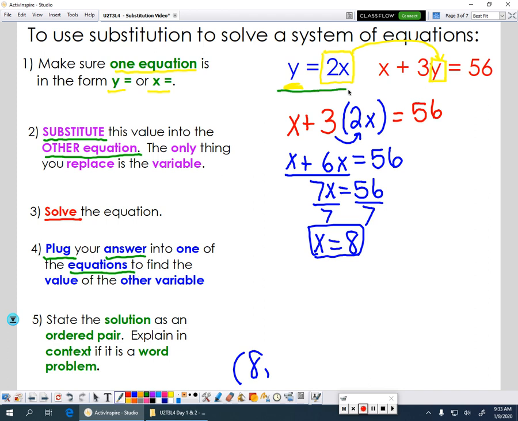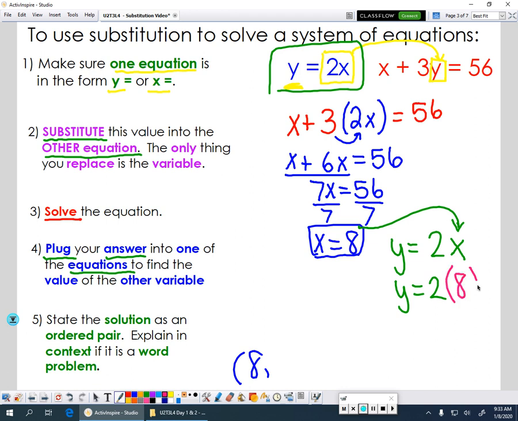I'm going to start with this one, which is a very simple equation. It says y equals 2x. I'm going to take this value for x and plug it in here. So y equals 2 times x, which we know is 8, which means if I solve that, y equals 16.